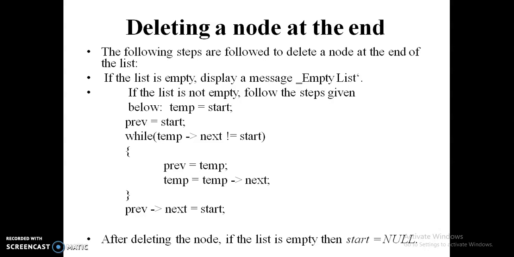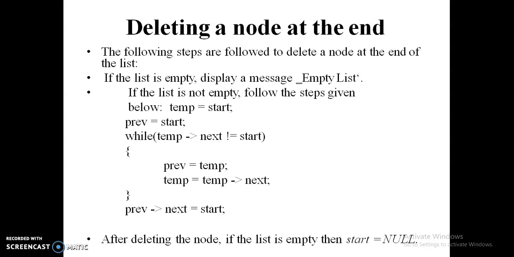And deleting a node at the ending. If you want to delete a node at the end of the list, if the list is empty, then display a message as empty list. If the list is not empty, take a temp variable and a previous variable, both assigned to the start. So we'll move until temp of next is not equal to null.